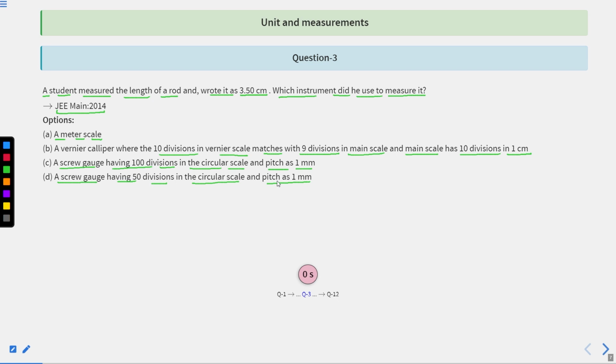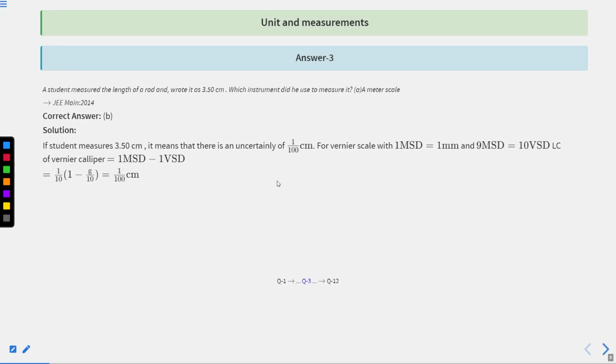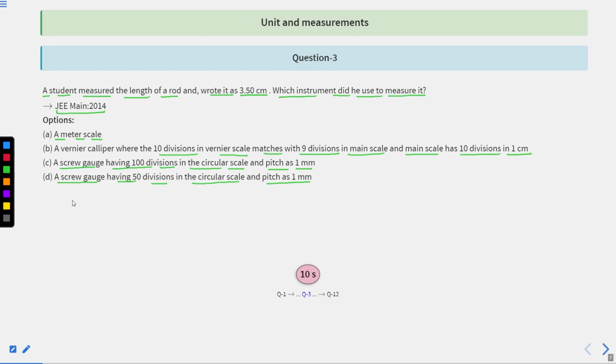Let's find a solution. Question says the measured length of a rod is 3.50 centimeter. Which instrument did he use to measure it? The correct answer is B, a vernier caliper.